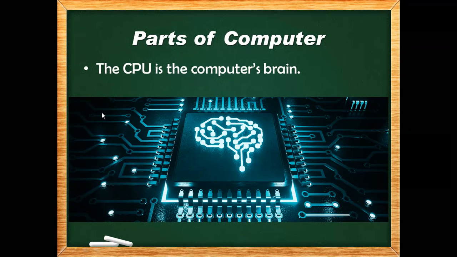Ali Abdullah, where is our brain? In the head, in the hand, in the feet, or in the knee? Ali Abdullah, yes, please, you can unmute yourself now. Where is our brain, in the head or in the feet?